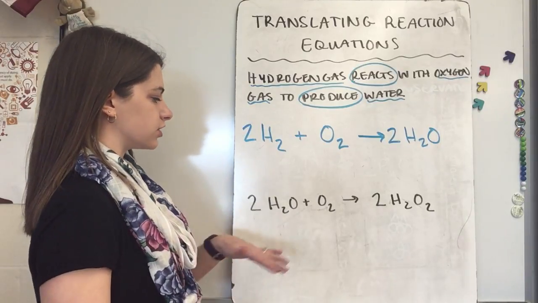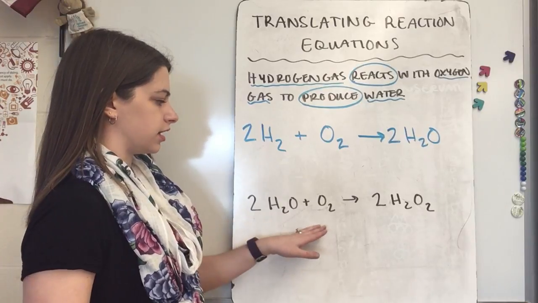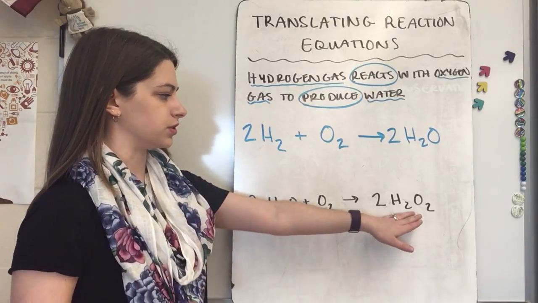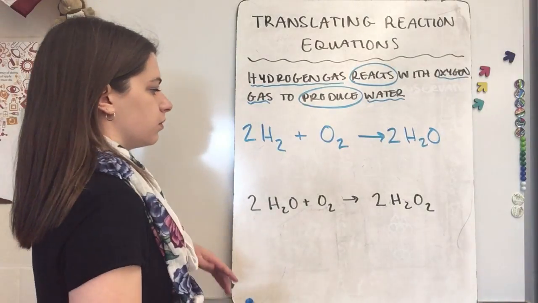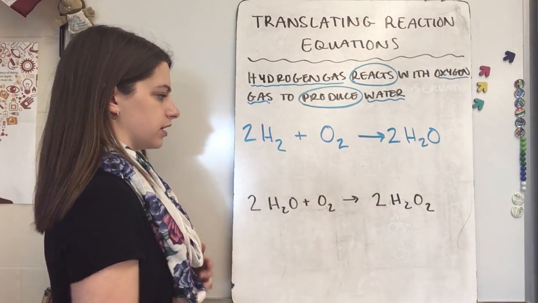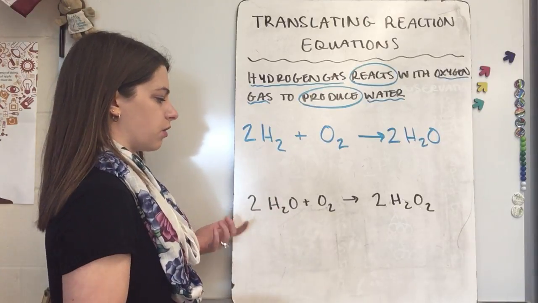So going the other direction, I have symbols down here. So this guy's water and oxygen gas. To produce H2O2, which is hydrogen peroxide, the common name for H2O2. So you don't have to worry about the coefficients or anything.